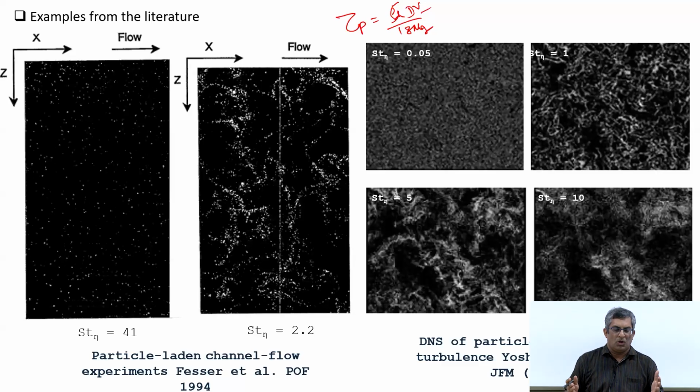And then if I average everything, I won't be able to see this instantaneous phenomenon. Why? Because the particle concentration will get averaged out.